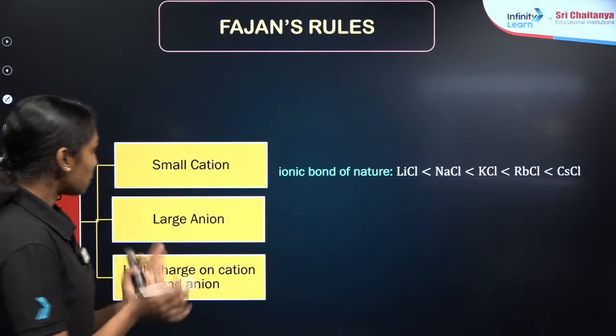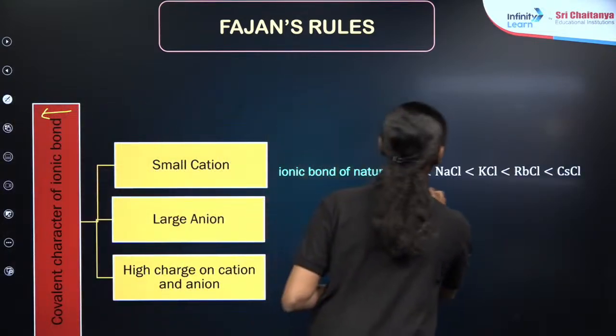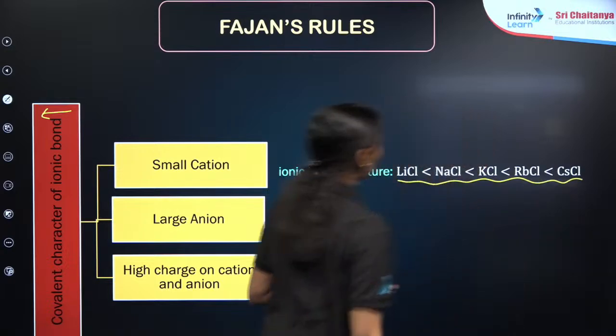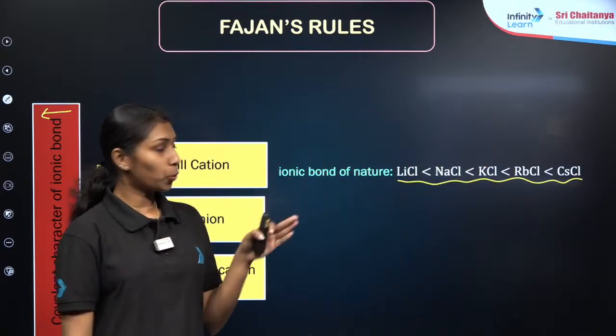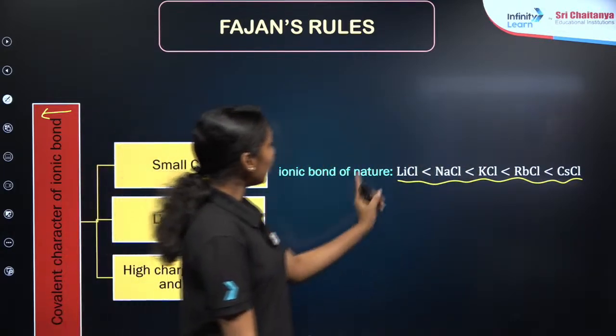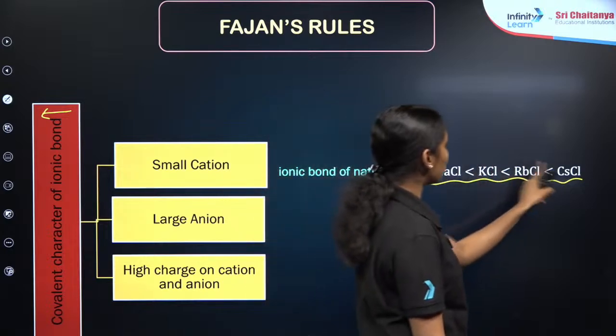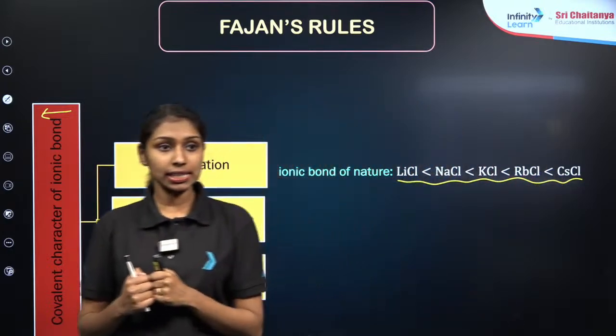So, if we take this example, these are the chlorides of group 1 compounds, right? Lithium, sodium, potassium, rubidium, cesium. While moving from lithium, sodium, potassium, rubidium to cesium, what will happen to the size?